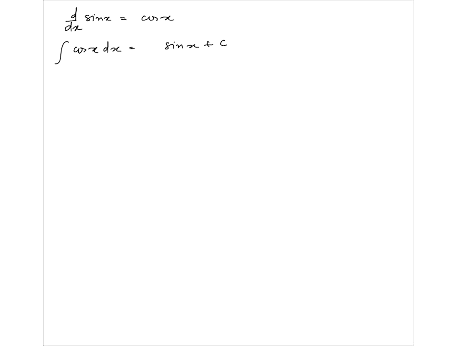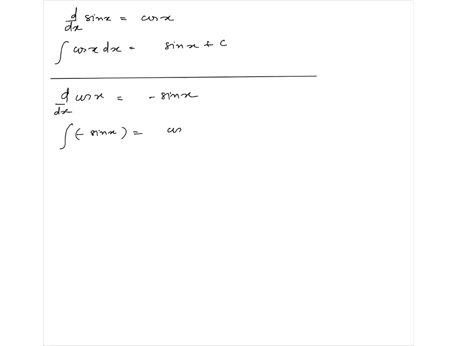I don't think there will be any problem with this. d dx of cos x is minus sin x. So, integral of minus sin x should be cos x plus c.